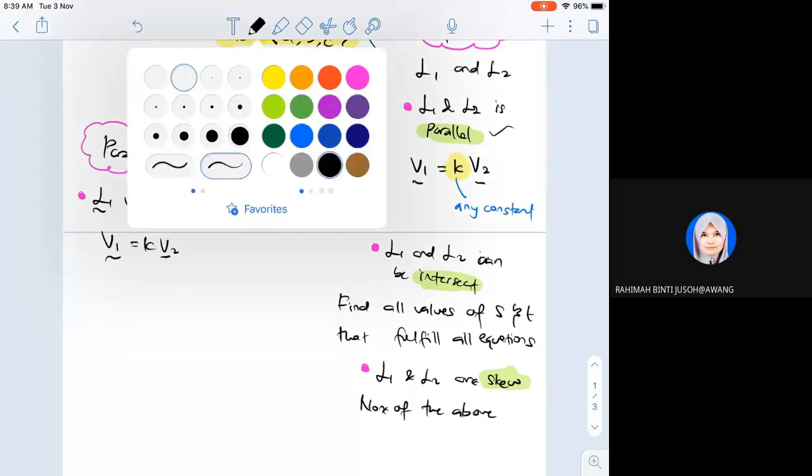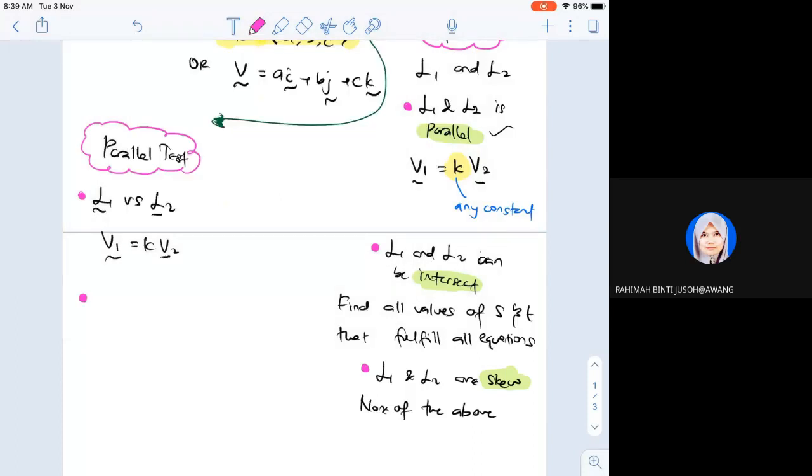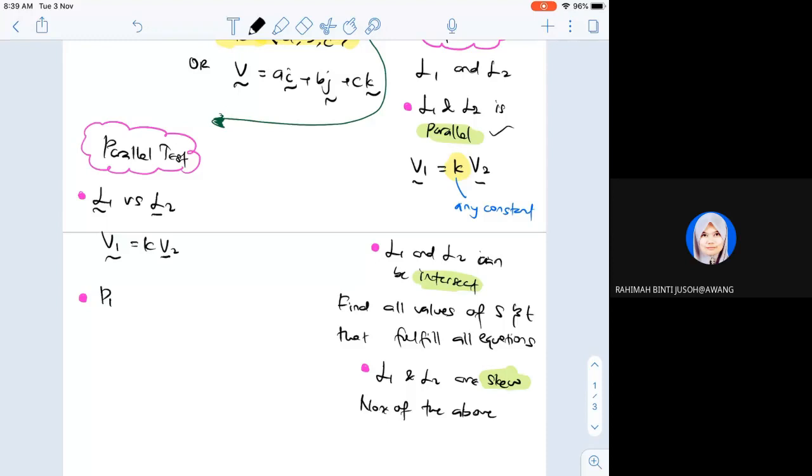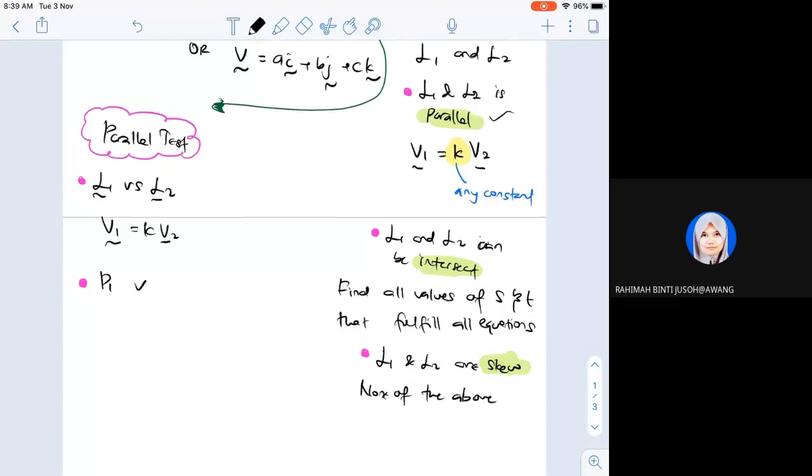Number 2, if we want to test whether the first plane, P1, versus plane 2, the formula is the normal vector of the first plane should be equivalent to K times the normal vector of the second plane. So K can be any constant, the same concept as the previous formula for the lines.